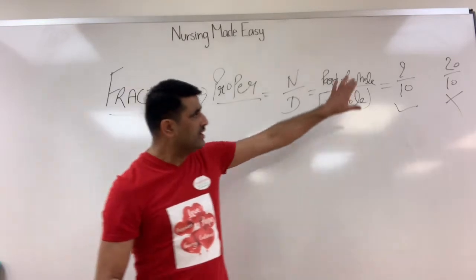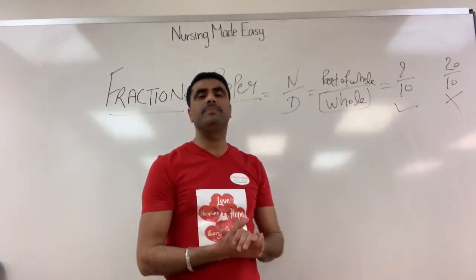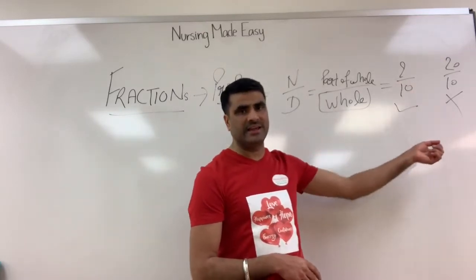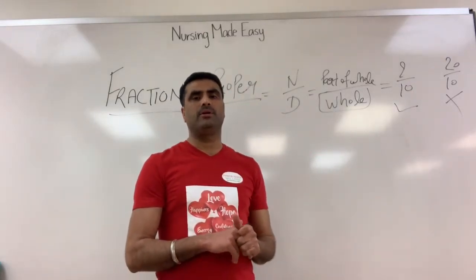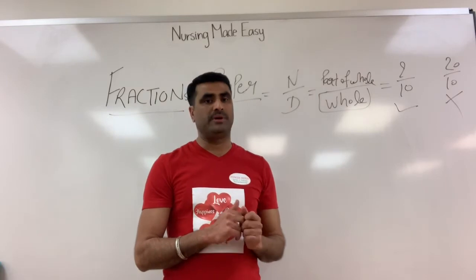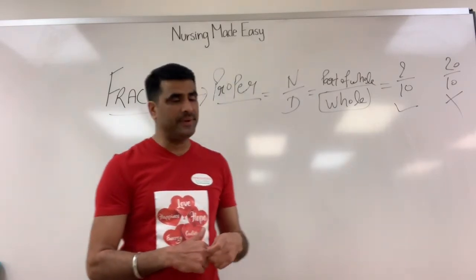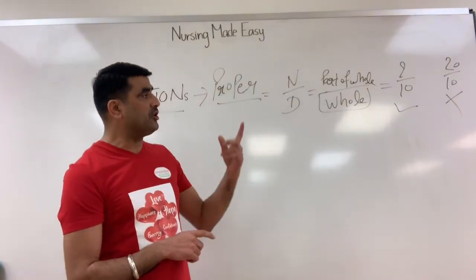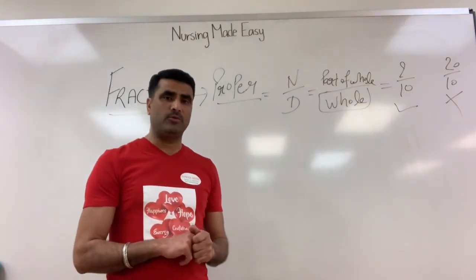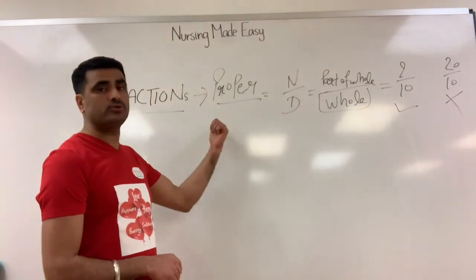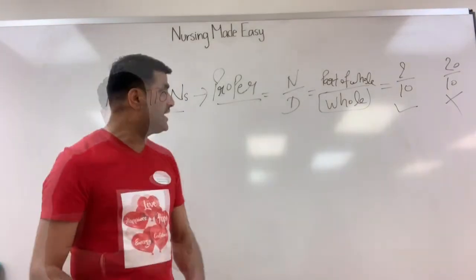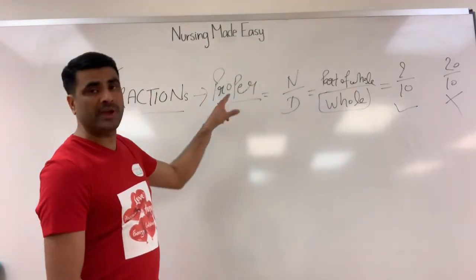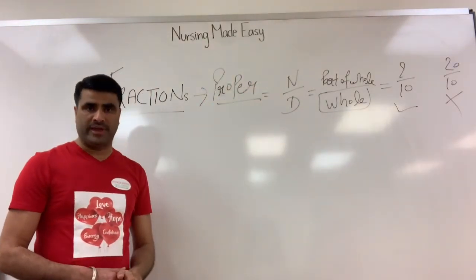That being said, 2 by 10 will be a proper fraction, whereas 20 by 10 will be an example of improper fraction but not a proper fraction. Reason being, it does not qualify to be called proper fraction as numerator has a higher value than denominator. But we're gonna stick to proper fraction. Denominator has to be higher than numerator in order to be called proper fraction.